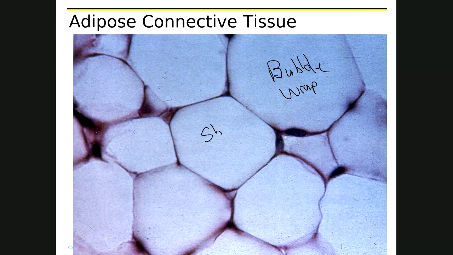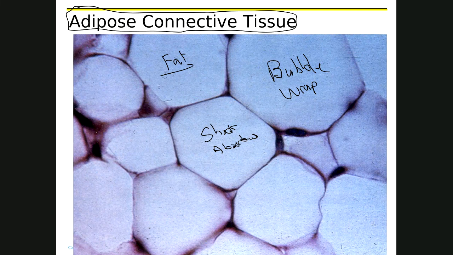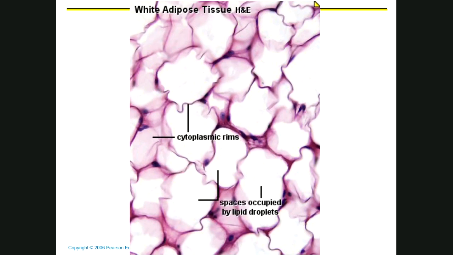It's shock absorbing. But it's not got air in it like bubble wrap. It's got fat in it. So imagine bubble wrap full of fat, and that's what adipose connective tissue is like. Make sense to everyone?